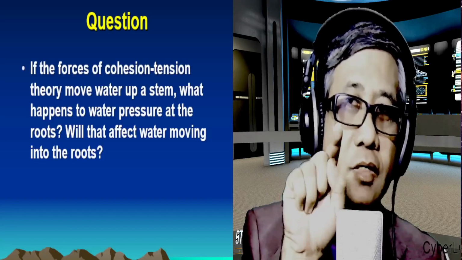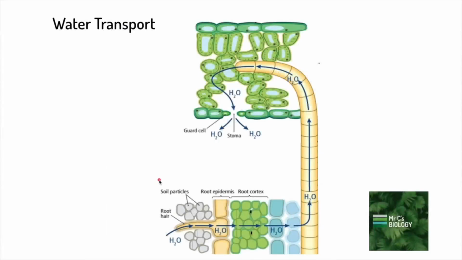Hello and welcome to a video about water transport in a plant. To start off with, what happens is the water evaporates from the stoma. We might have known this as a stomata. The stomata is the plural.